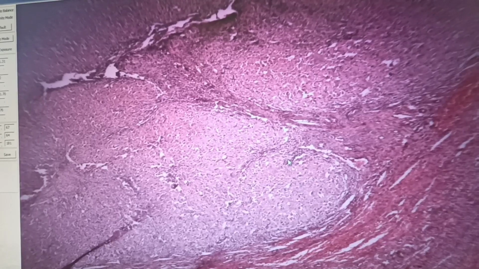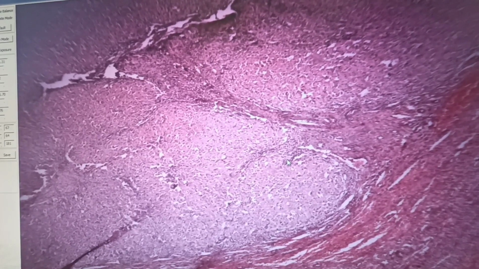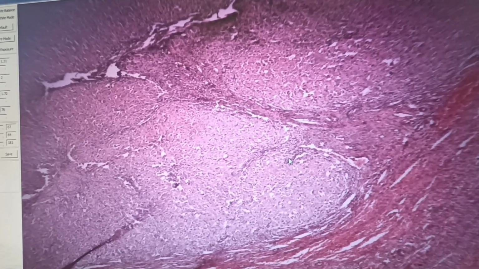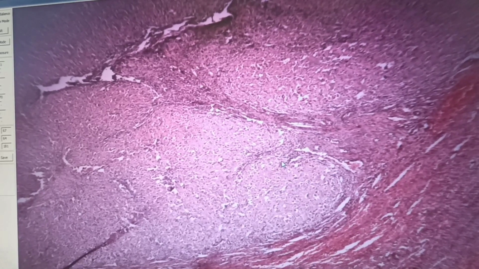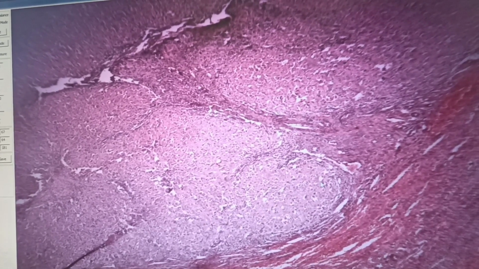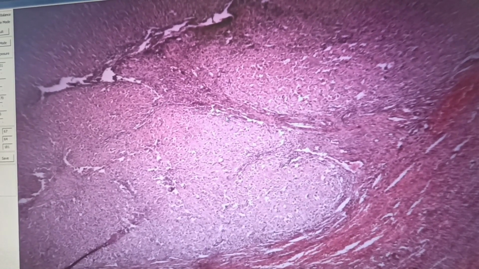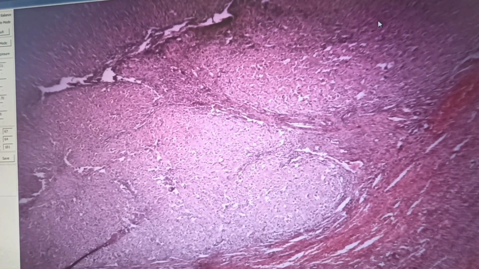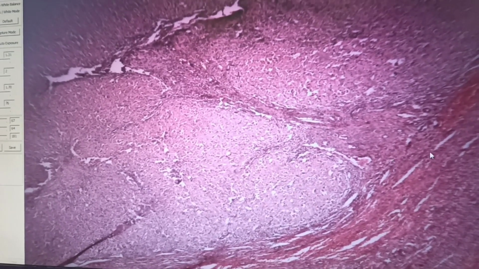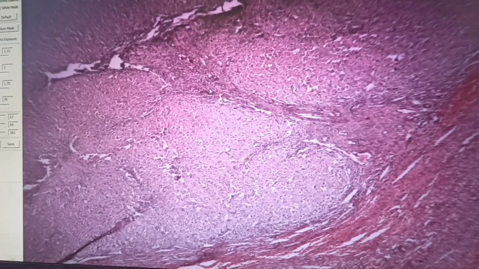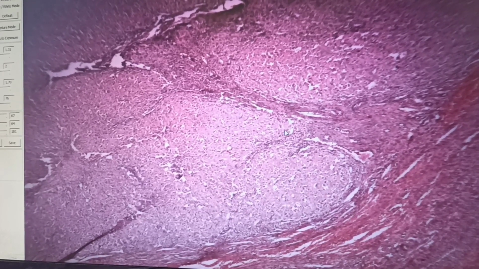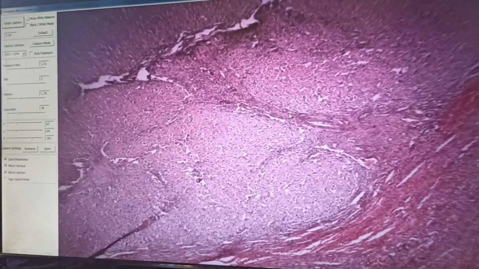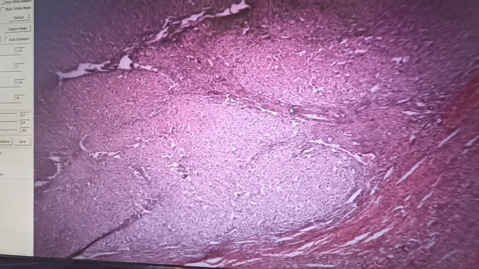Their names change to granulosa luteal cell and theca luteal cell. You can see this light-staining part. This whole part is the corpus luteum. Also you can see folding of the corpus luteum from the outside because of collapsing after ovulation.